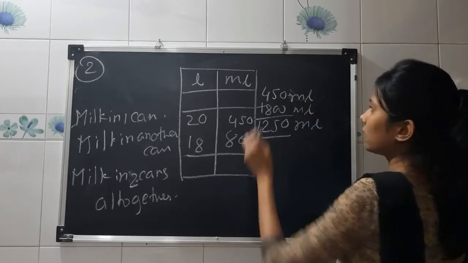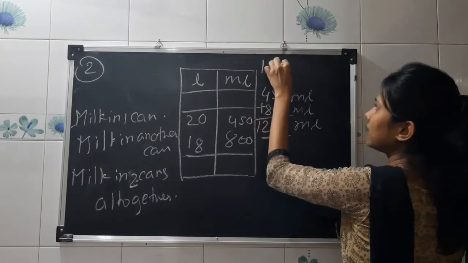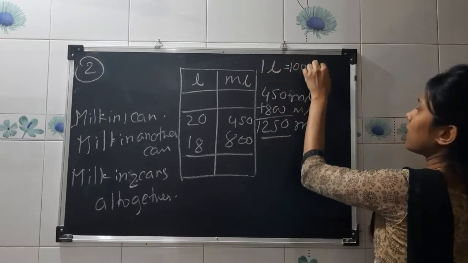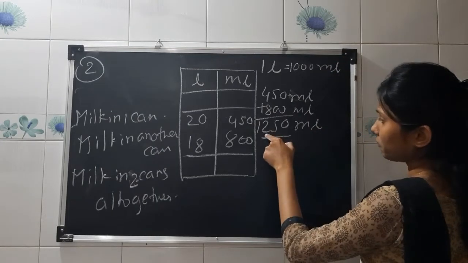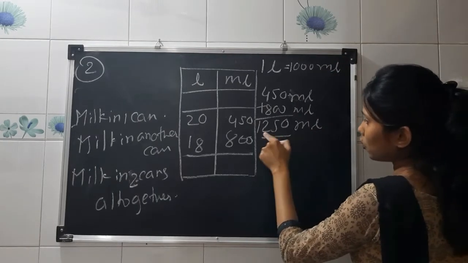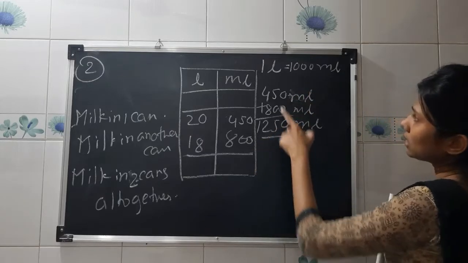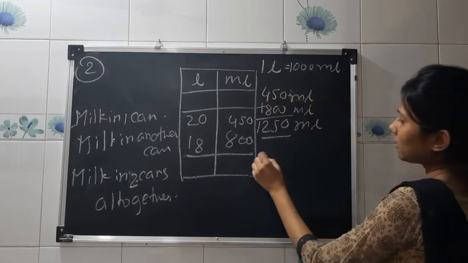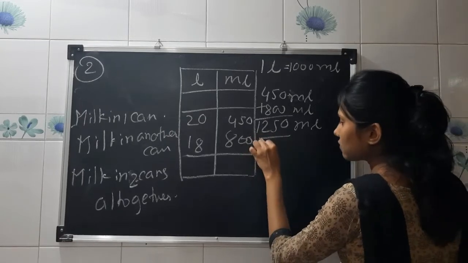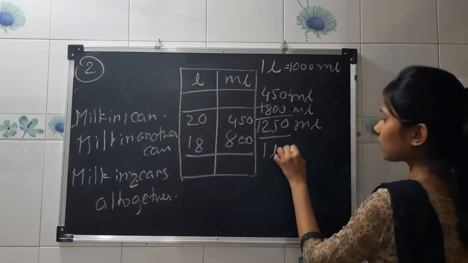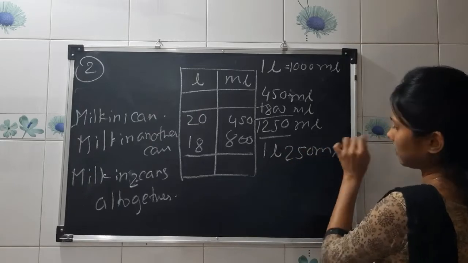Okay, but we all know 1 liter is equal to 1000 milliliters. So we will write this 250. So see, if 1 liter is equal to 1000 milliliters, then we write this as 1 liter 250 milliliters.